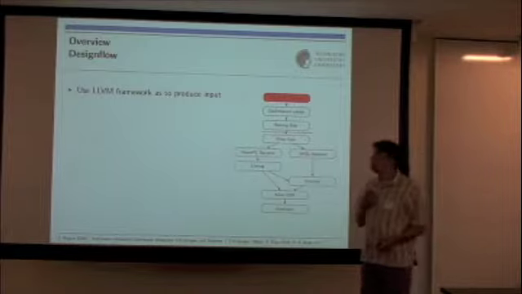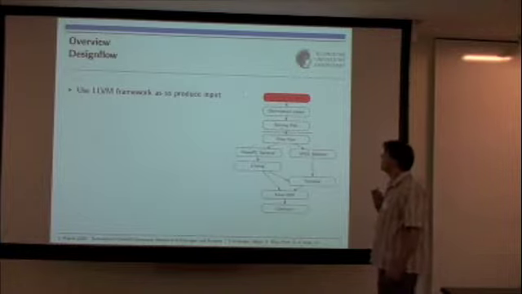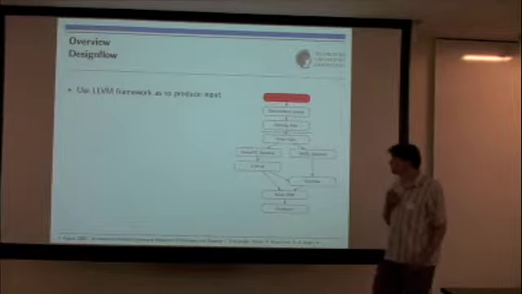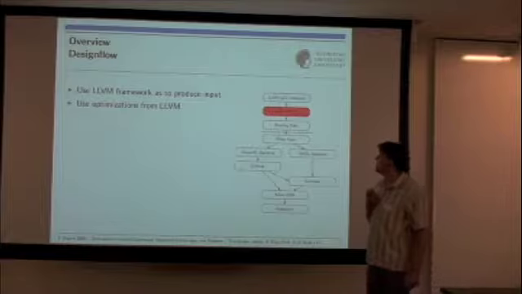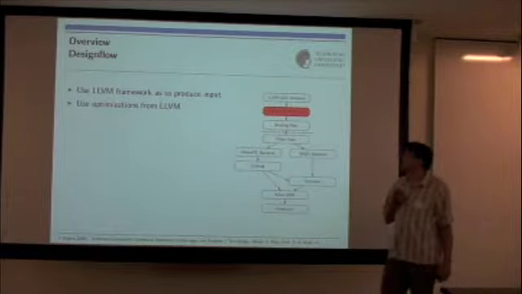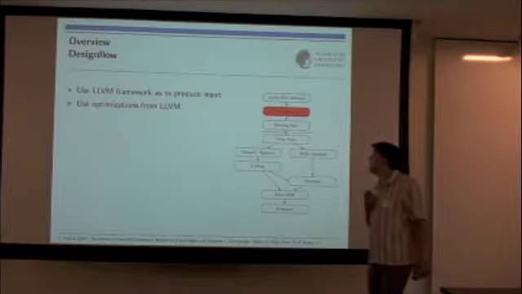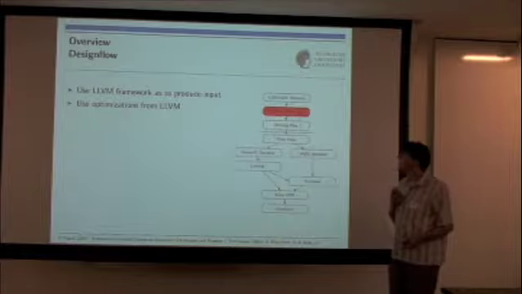So the first step is feeding some input algorithm through the LLVM's GCC frontend. After that, the standard optimizations available to the LLVM framework are applied to the input algorithm.